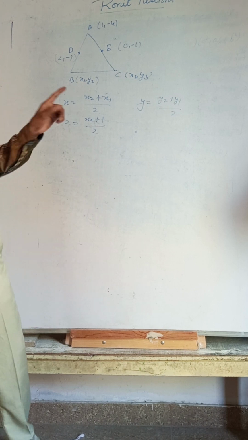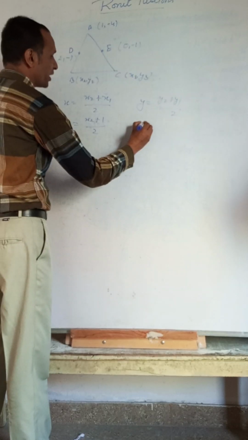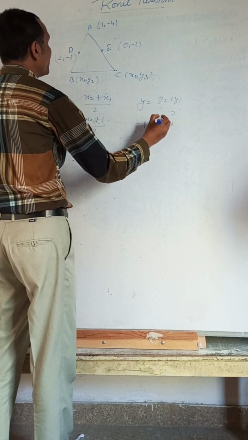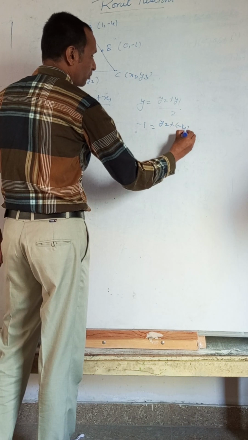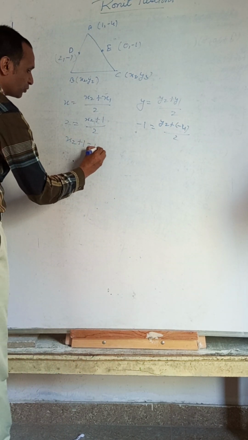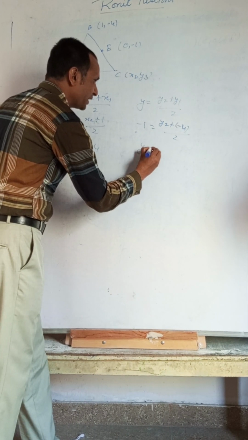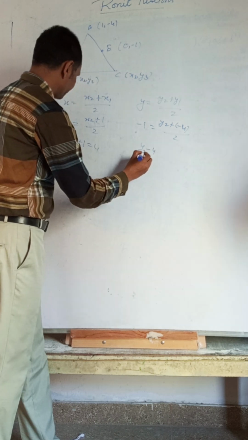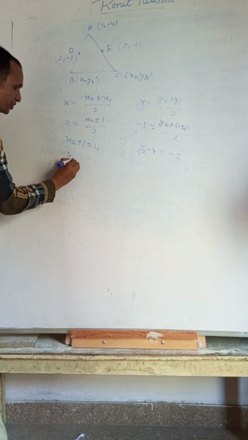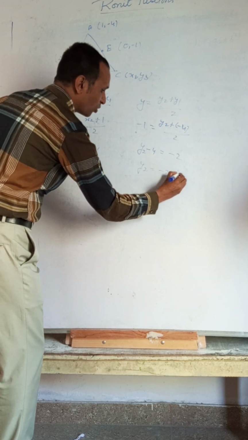We are finding vertex B first. Here y = -1 = (y2 + (-4))/2, with y2 unknown. So we can write it like this: x2 + 1 = 4 by cross multiplication, and y2 - 4 = -2. So x2 = 4 - 1 and y2 = -2 + 4.